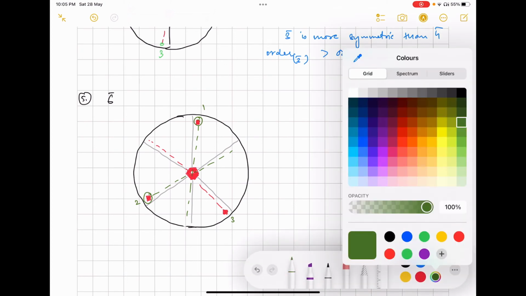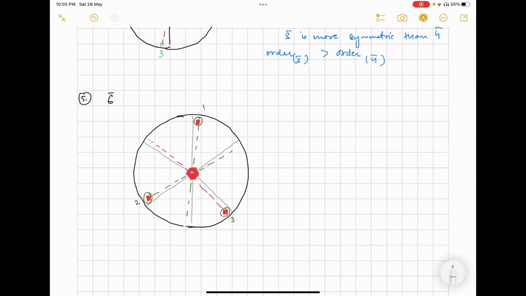And then this after a rotation of 60 becomes coincident with point 1. So this is 1, 2, 3, 4, 5 and 6. So the order of this is also 6.